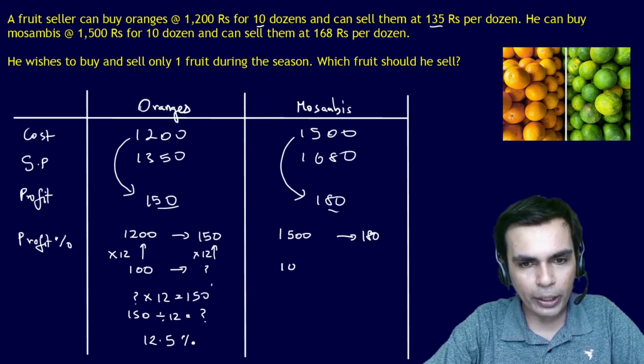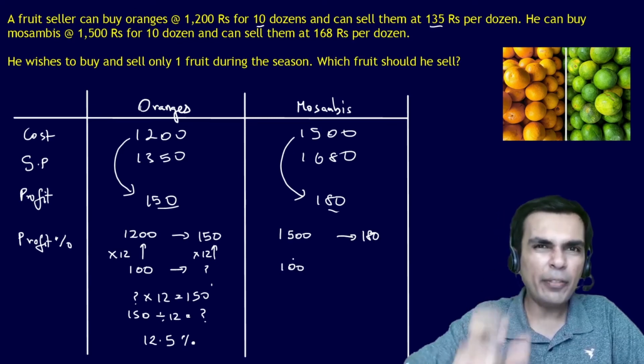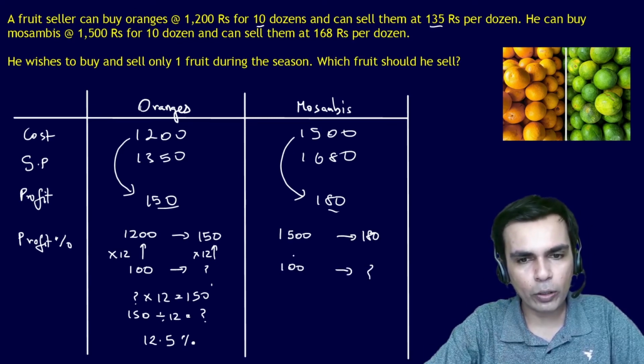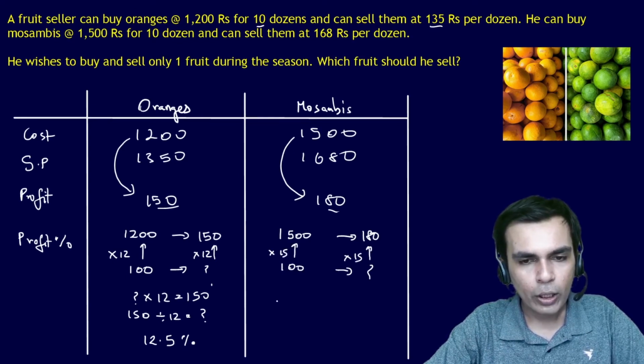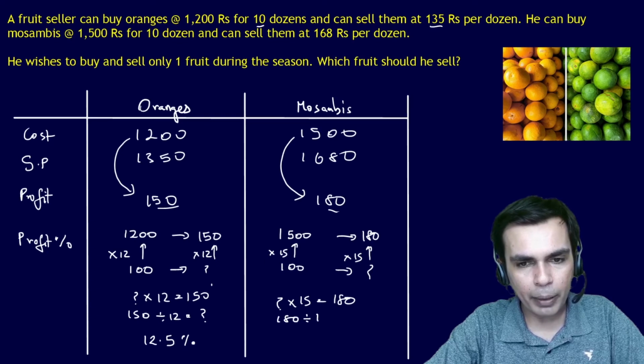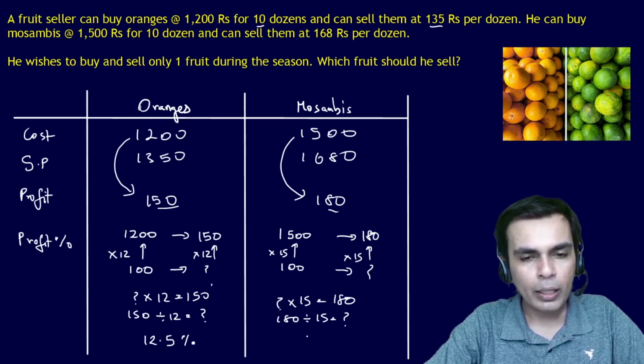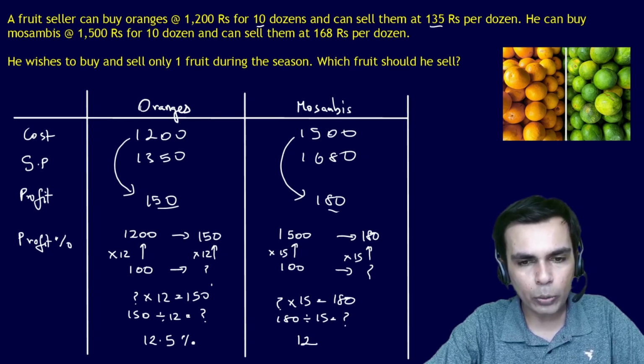I need to find out the profit per 100. For every 100, something will be the profit. This becomes 15 times, therefore the profit will also increase by 15 times. So something times 15 is 180, and 180 divided by 15 is that something. Therefore, this would be 12%, or 12 per 100.